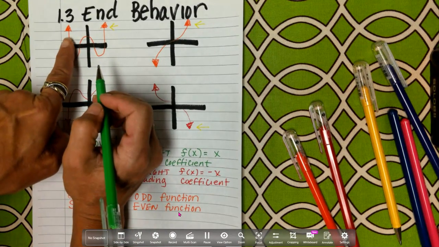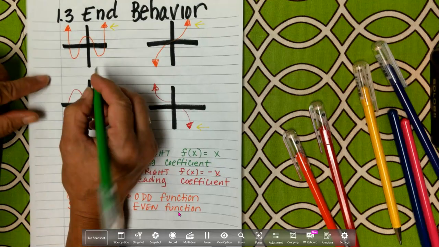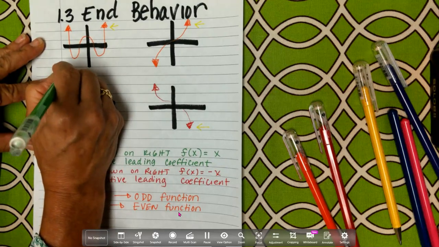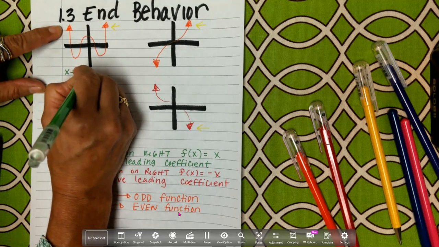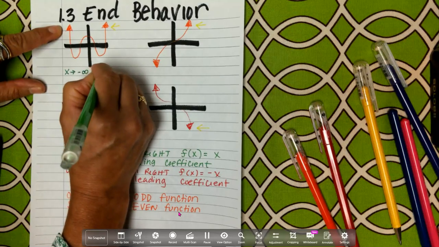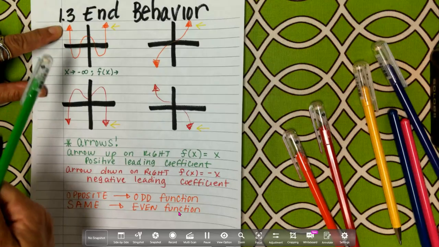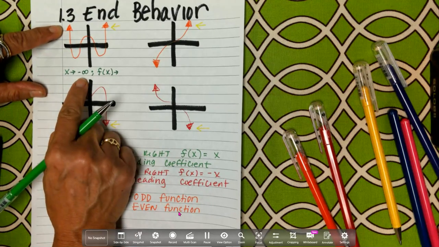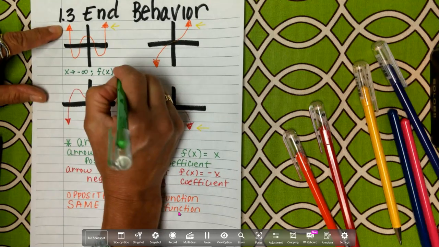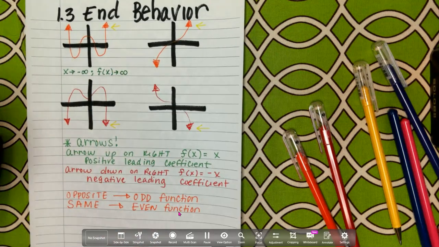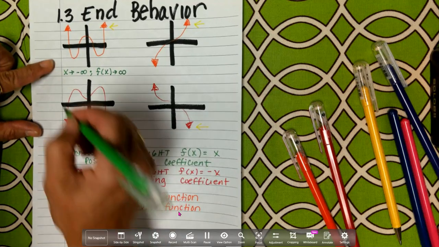As my x approaches negative infinity, this function is going higher and higher and higher. So that's approaching positive infinity on the left arrow.